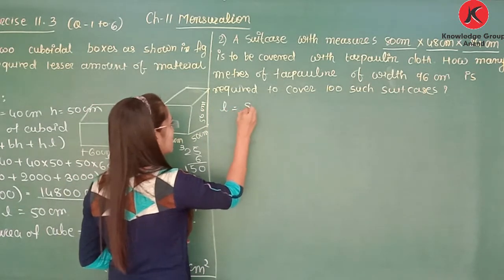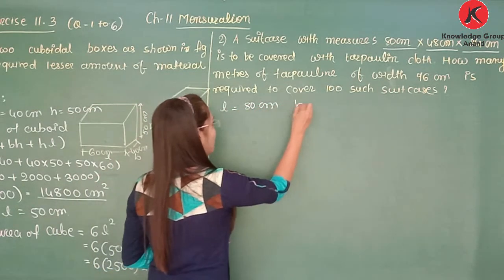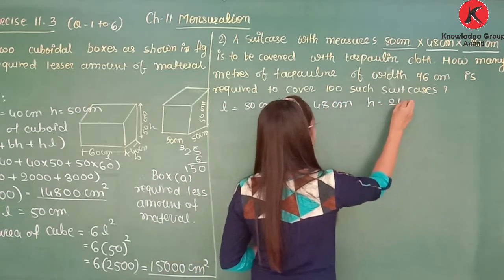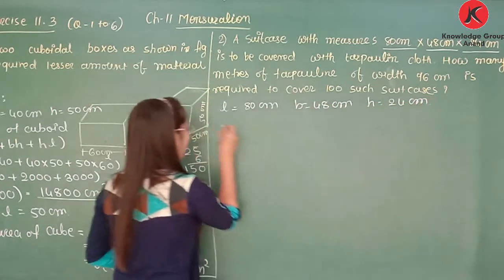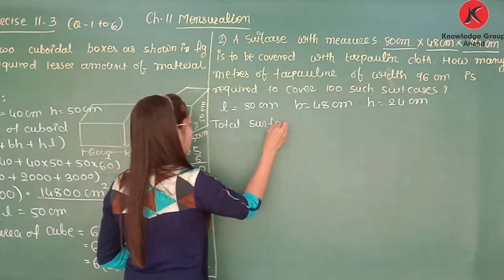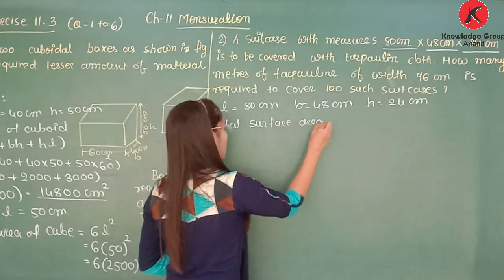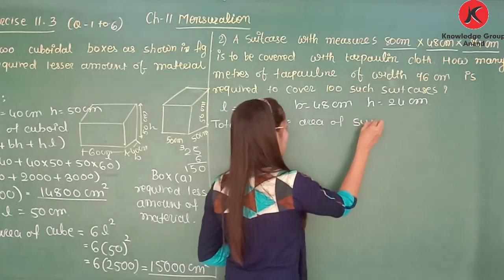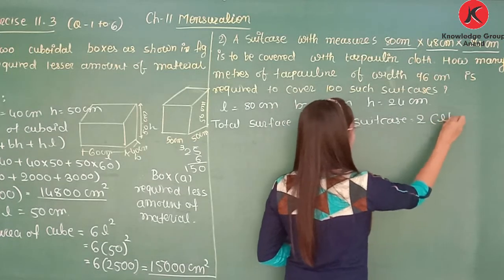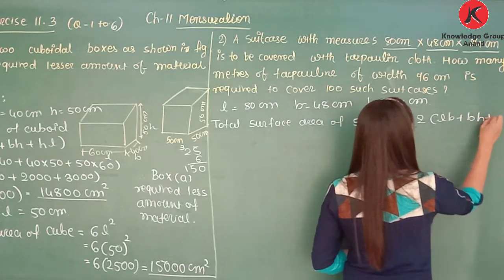For that, length is 80 cm, breadth is 48 cm and height is 24 cm. So we can write total surface area of suitcase is equal to 2 inside the bracket LB plus BH plus HL.